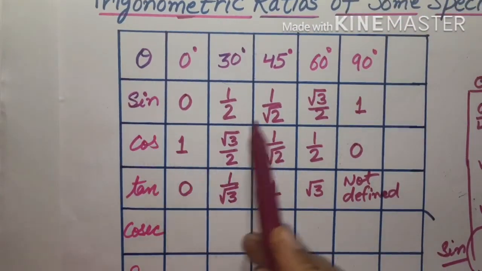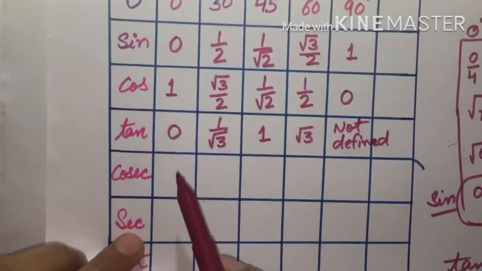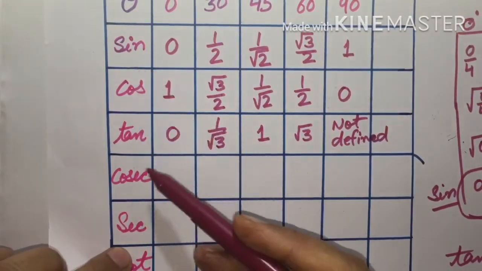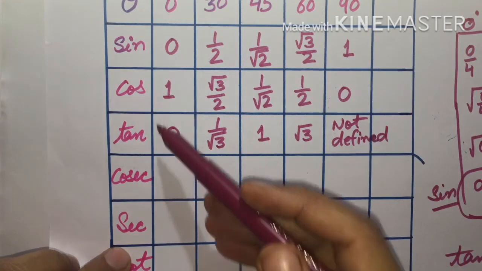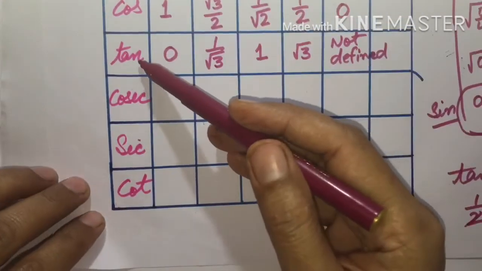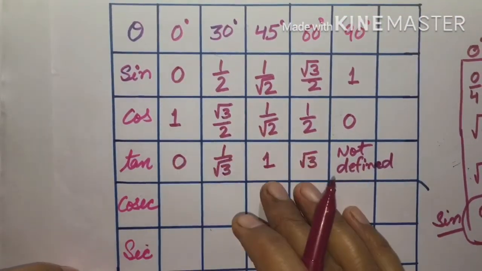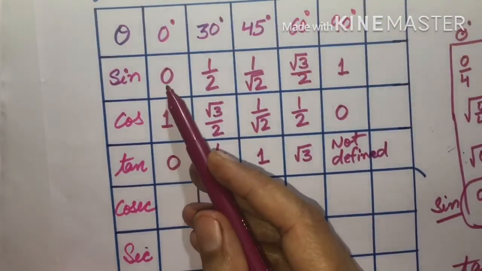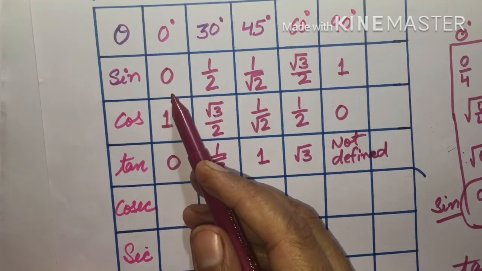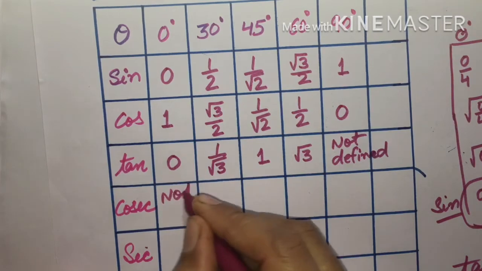So we have got 3 trigonometric ratios till now: sine, cos and tangent. As you know, the reciprocal of sine is cosec, cos and secant are reciprocal to each other, then tangent and cot. So we can write these values also with the help of these. We will write 1 upon 0, it will be again not defined.